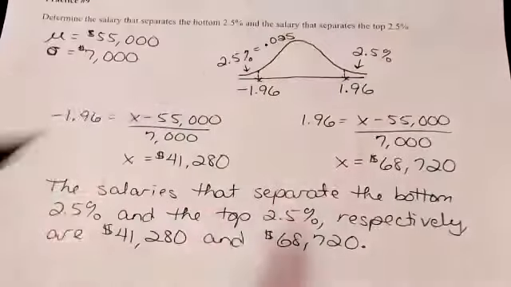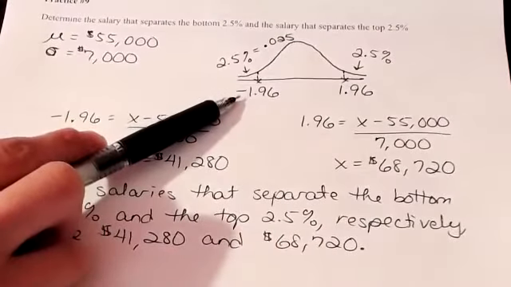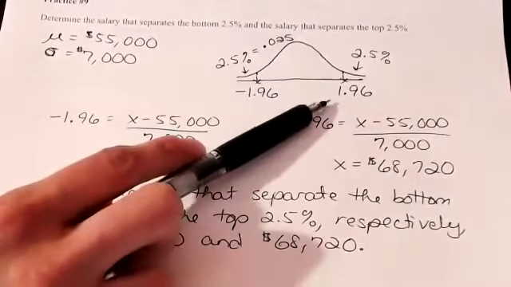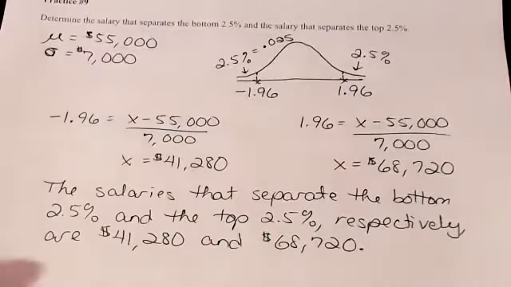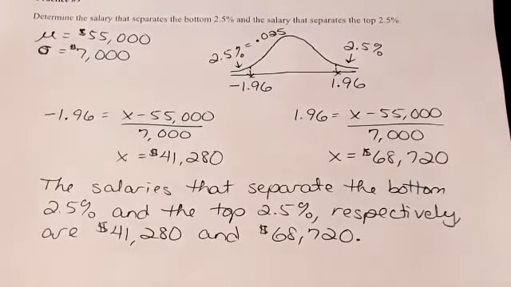So once I found my left-hand z-score, negative 1.96, I also found its opposite, which is a positive 1.96. You use those values in your z-score formula, where z is equal to x minus the mean divided by standard deviation. We go ahead and we solve and we find the salaries that separate the bottom and the top.